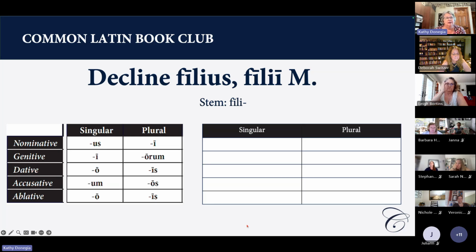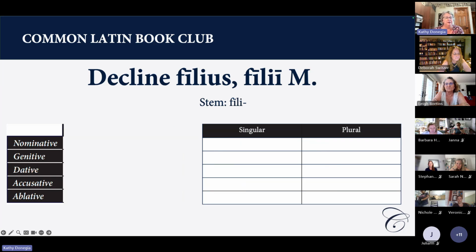Okay, now, do you think you can decline filius? Okay, let's see. Filius, filii, filio, filium, filio. Filii, filiorum, filiis, filios, filiis. Very good. You actually did it without me even pulling the words up for you to read.